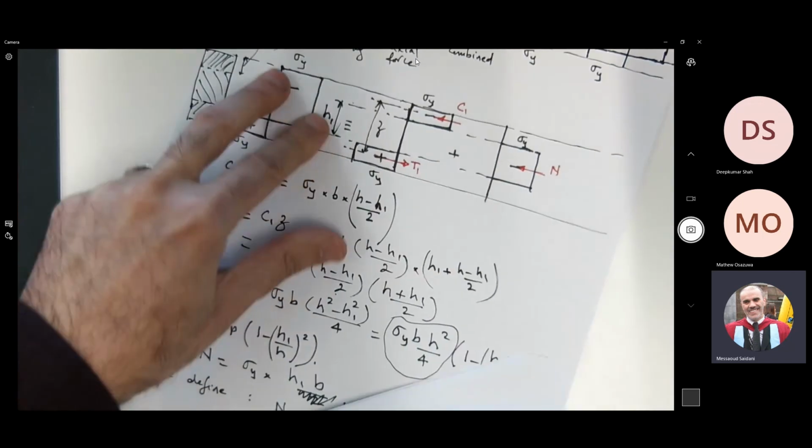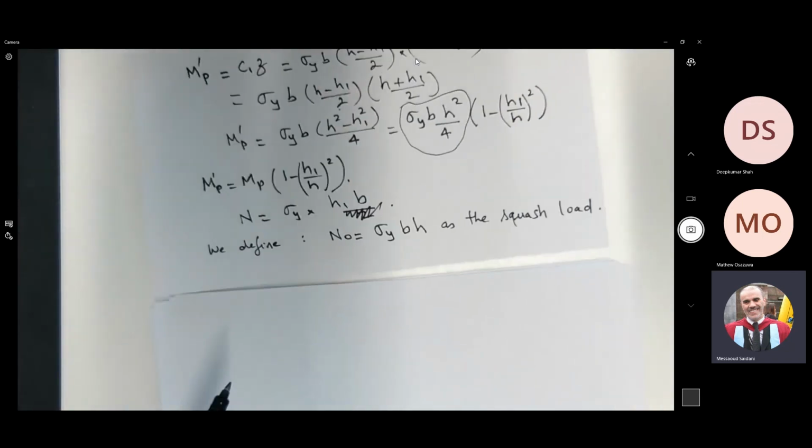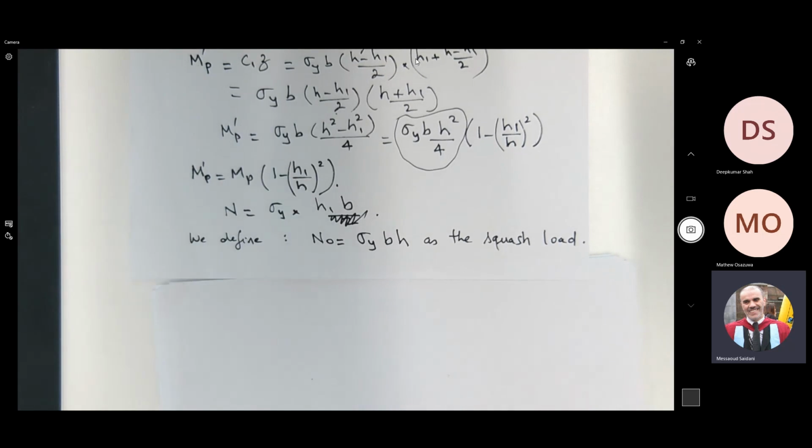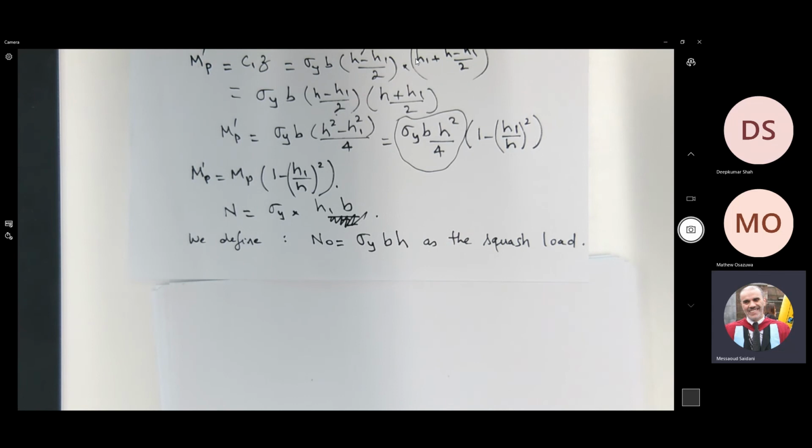If you know sigma y and you know B and H, you can determine N0, because it's the section times the stress, both given.